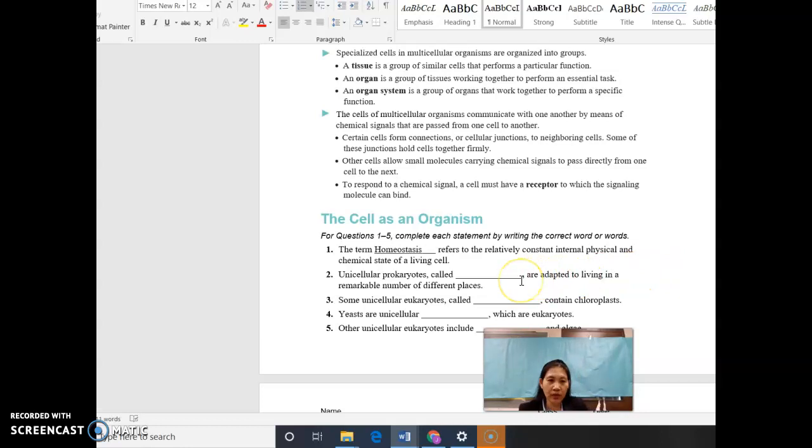So here, there are many prokaryotes. Miss A, what are prokaryotes? Prokaryotes are those organisms that have no true nuclei. Their cells have no true nuclei. So examples of those are bacteria.